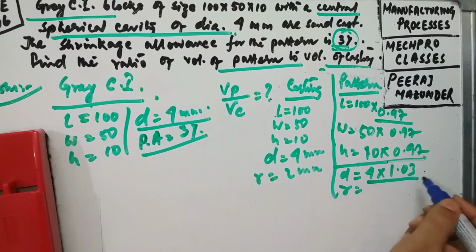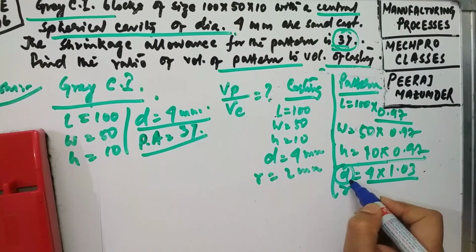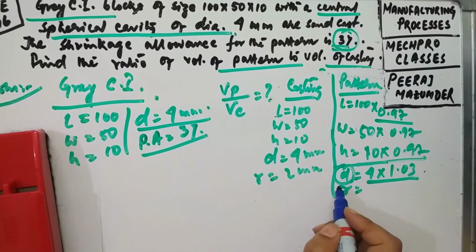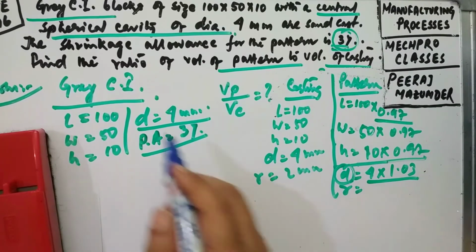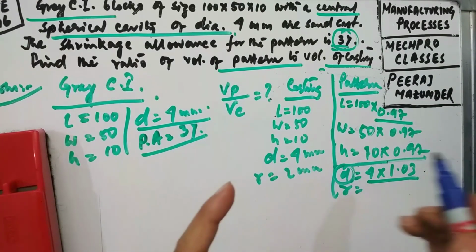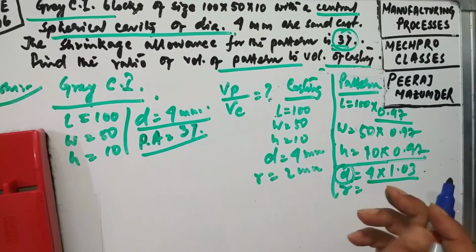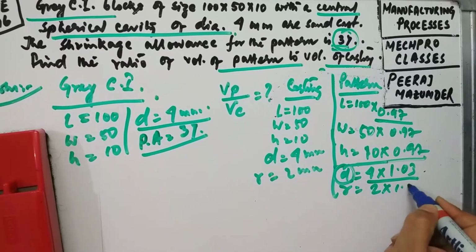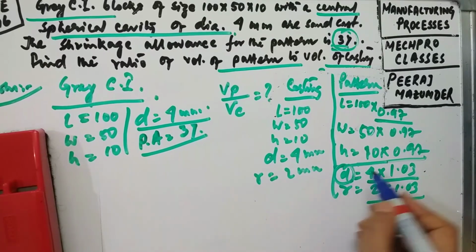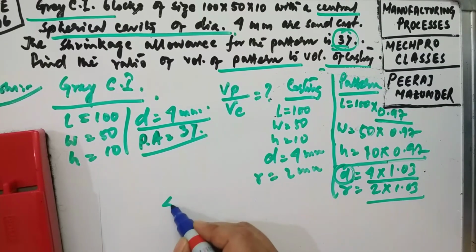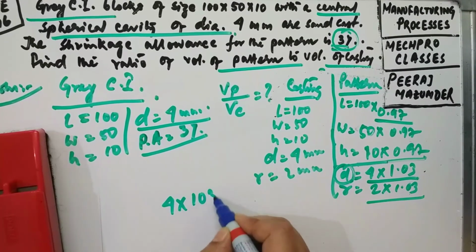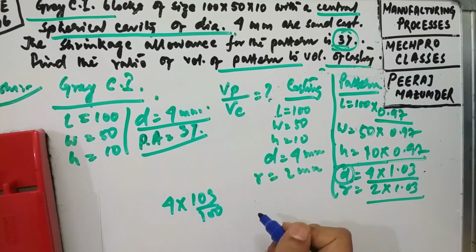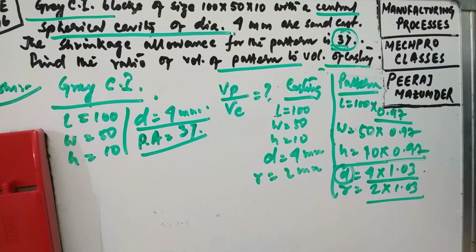Because you have to make the diameter larger. In gray cast iron the inner diameter will shrink, as thickness will increase. Similarly, radius will be 2 into 1.03. So you are getting my point. You have to add, so it will be 4 into 3 by 100. That is the concept.